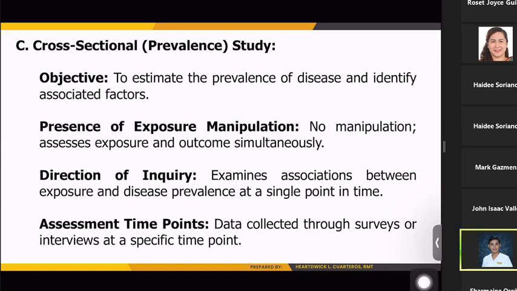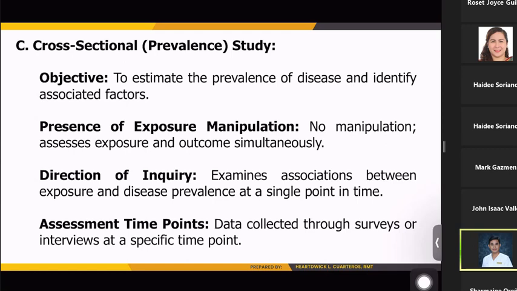Next, we have the presence of exposure or manipulation. No manipulation. Assess exposure and outcome simultaneously. Take note, guys, all of our descriptive approach epidemiology study designs don't use manipulation.